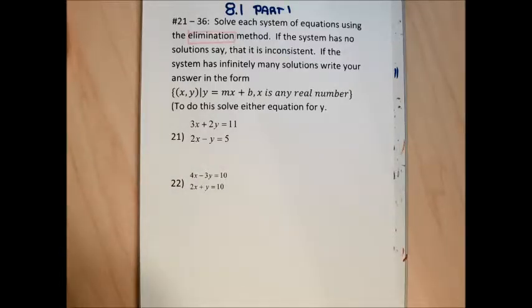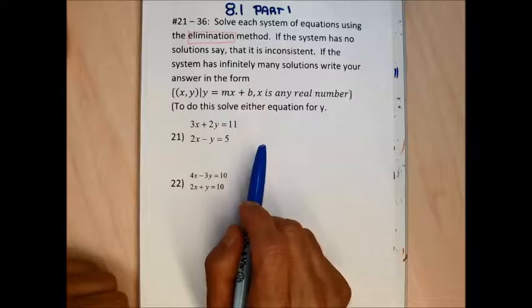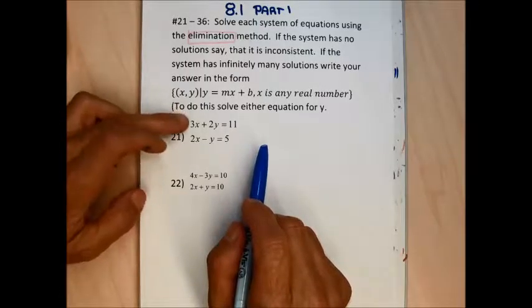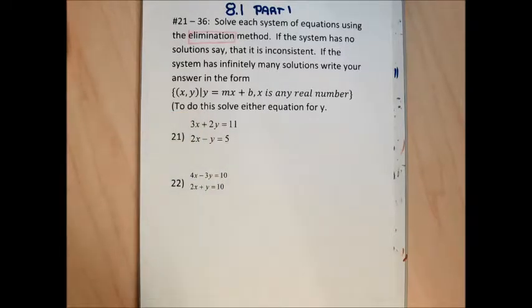And the elimination method is really the best method when the x's and y's are lined up. To use the elimination method, you're going to multiply either one equation or both equations by a number to make one letter have the same number with different signs in front of it.